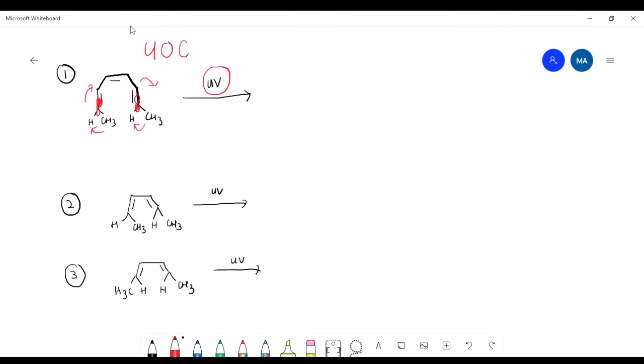So what we get is a 6-membered ring, and the CH3 is in front, and we will get a cis product. So this compound is opposite to the compound that we get in thermal condition.